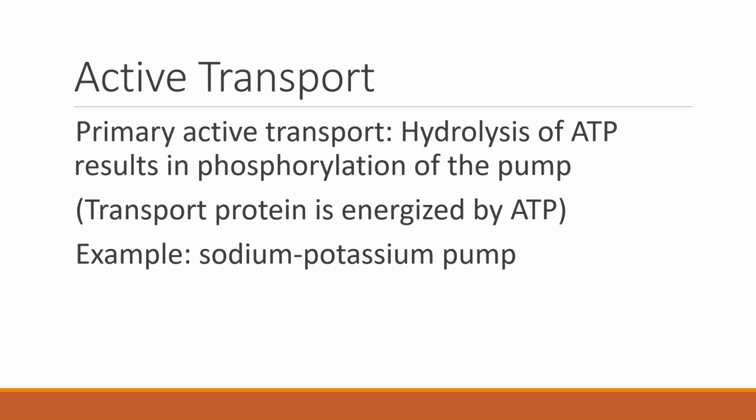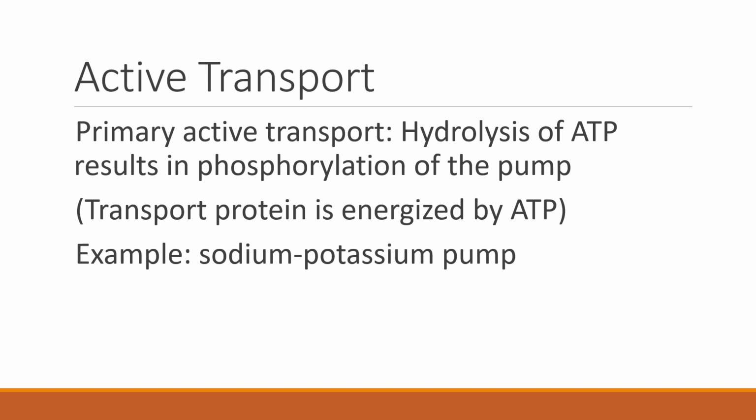So when we're looking at active transport, one example is called primary active transport. An example of primary active transport is what's called the sodium-potassium pump. That's going to be very important later in this course when we're talking about action potentials and excitability of cell membranes, in particular nerve cells and nerve transmissions.